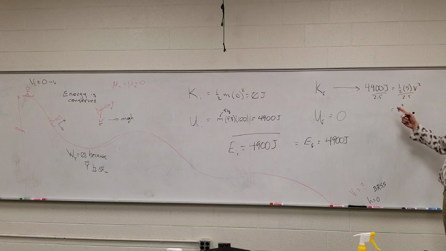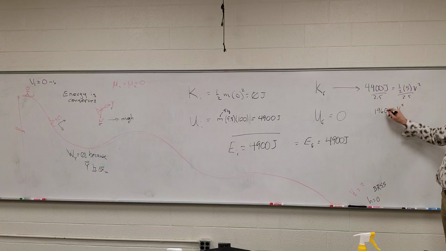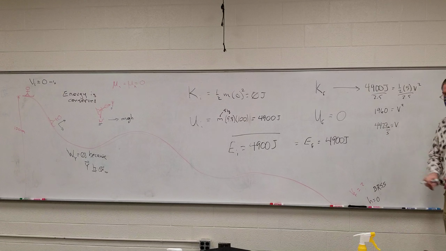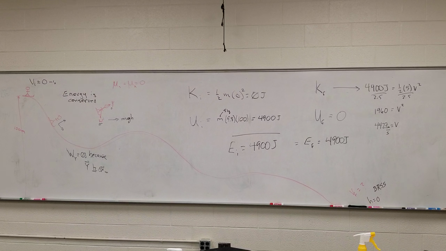That's 1960, then square root, 44.27. I want meters per second. That was the international symbol for all of the units. All right, so we have how fast he's going at the bottom.